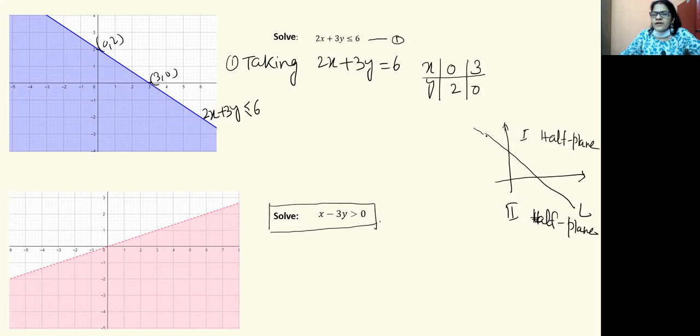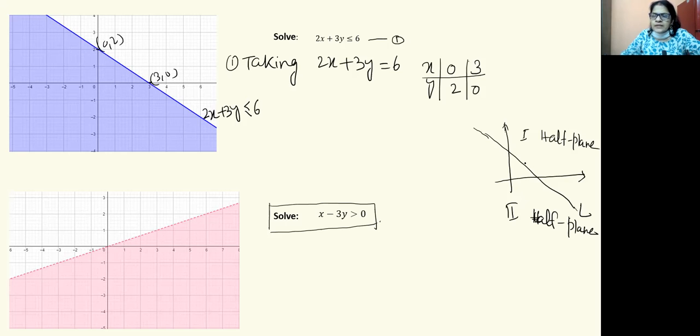So the line divides the plane into two equal parts. So it means two half planes we are getting. Okay, now if I take one plane above the line, other plane below the line, it's okay. But sometimes because of the positioning of the line, it may be confusing.